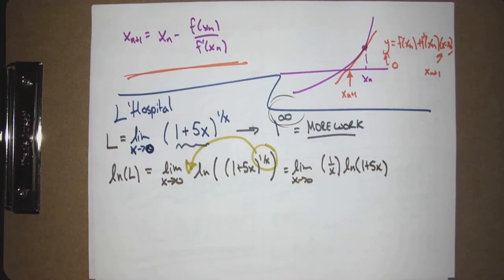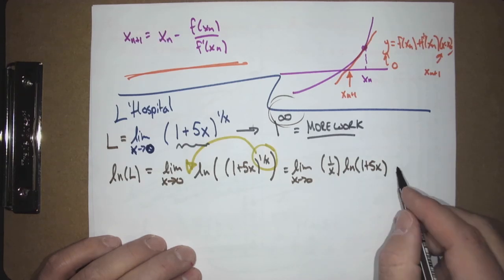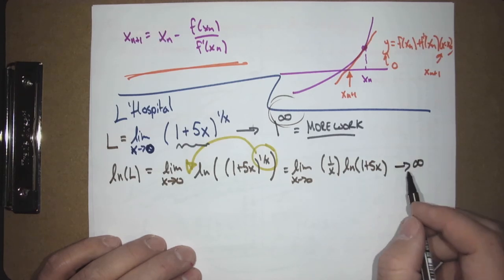Are we ready to do L'Hopital? Well, you have to be careful, right? Not quite. We could tweak it a little bit. As it's written, what does 1 over x do? It blows up.